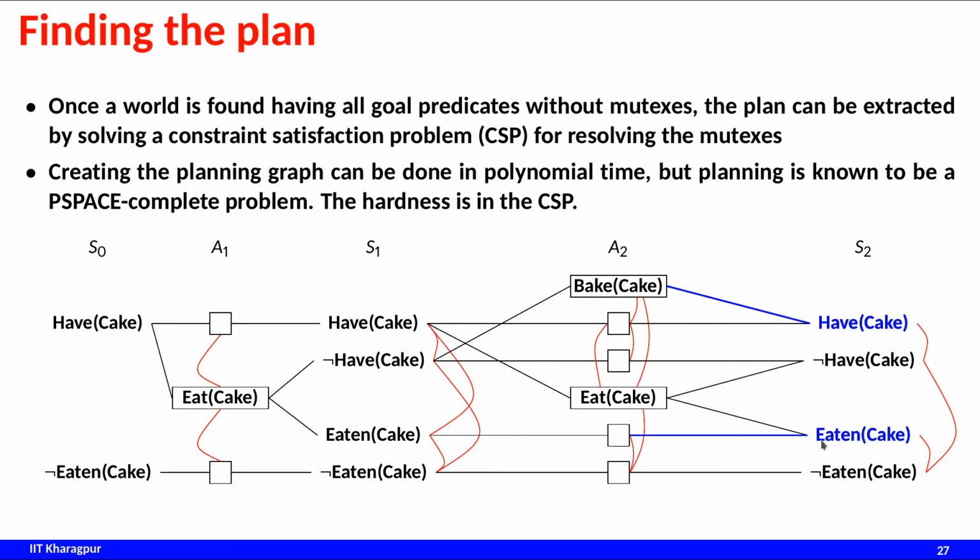Here eaten cake can also result from eat cake, but we do not choose eat cake because eat cake and bake cake are mutually exclusive, so these two events cannot happen together. So we choose the persistent action for eaten cake.